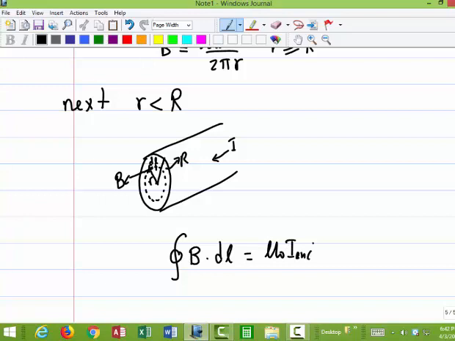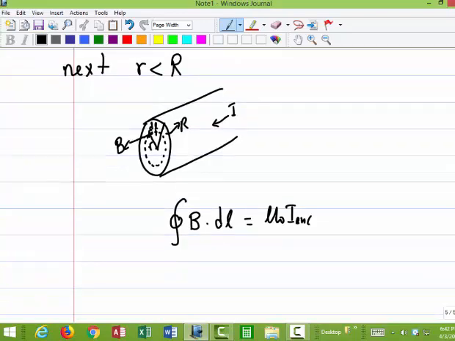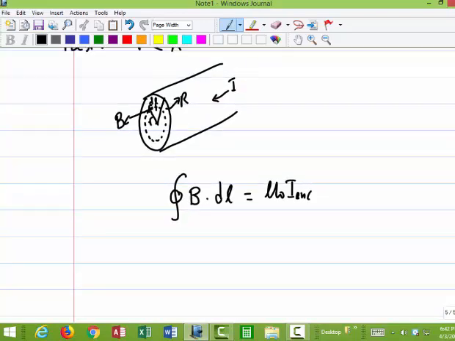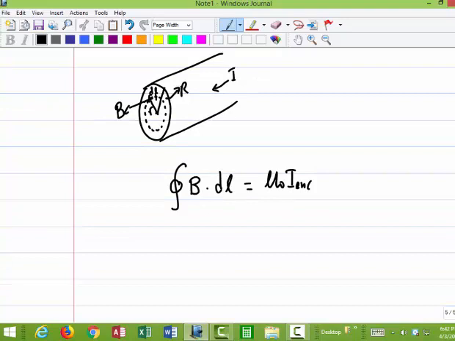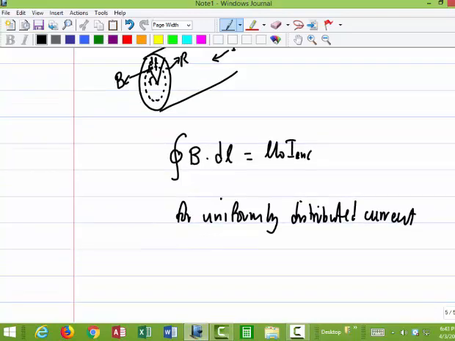This time, because we have a thick wire, the current enclosed is not going to be straightforward, because the entire current is I, so we have to find the current enclosed. We are told that it's a uniformly distributed current, so our current density J is equal to the current per unit area perpendicular to the flow.